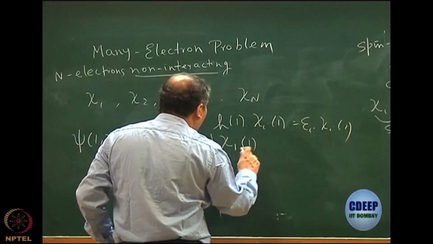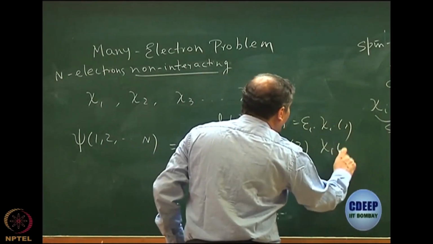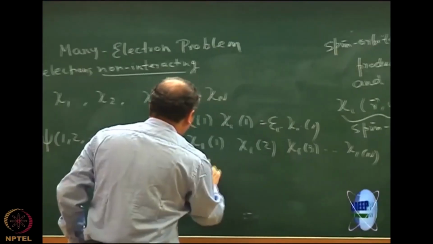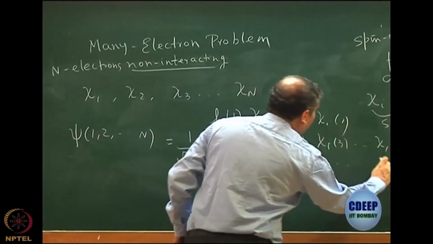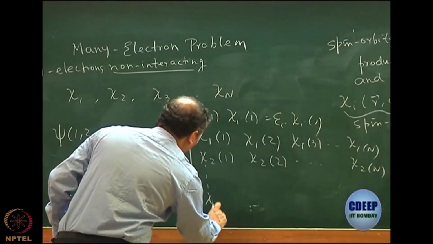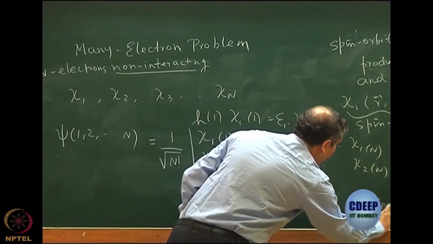The first row is chi1 everywhere, and the coordinates keep changing till chi1 of n. The second row will be chi2 of 1, chi2 of 2, so on till chi2 of n, and then like that you can go up to chi n of 1, chi n of n. I hope all of you can write this very easily now.